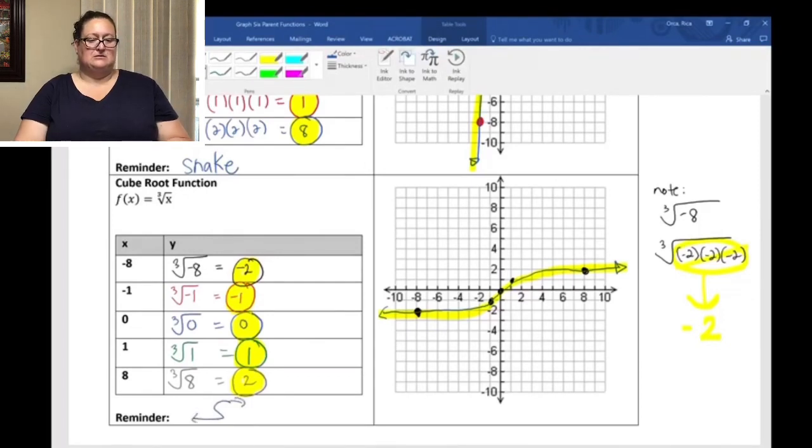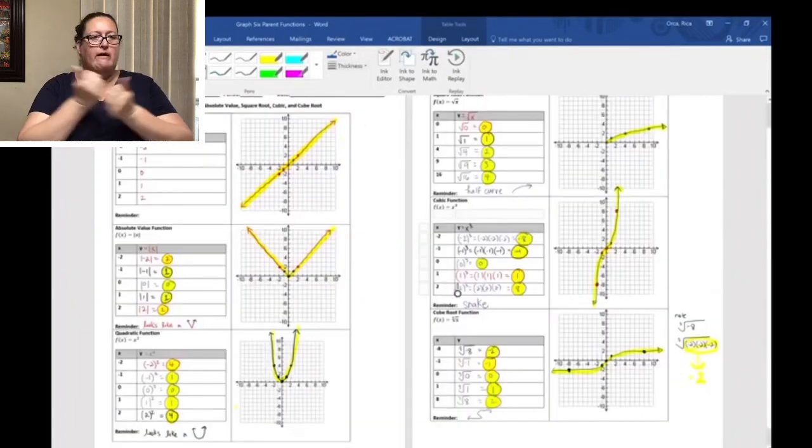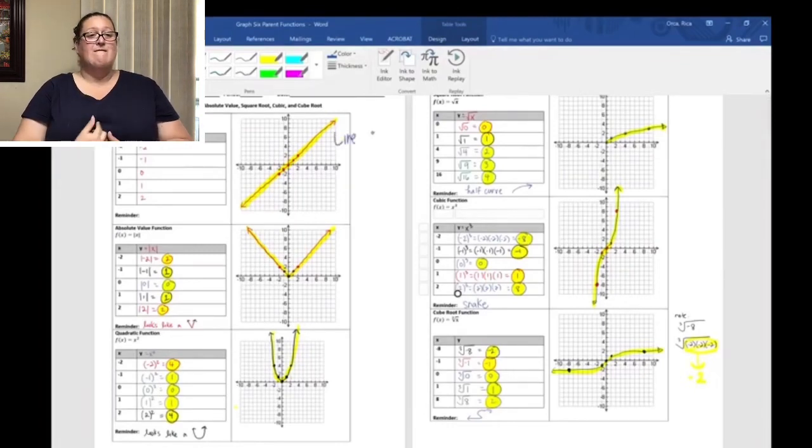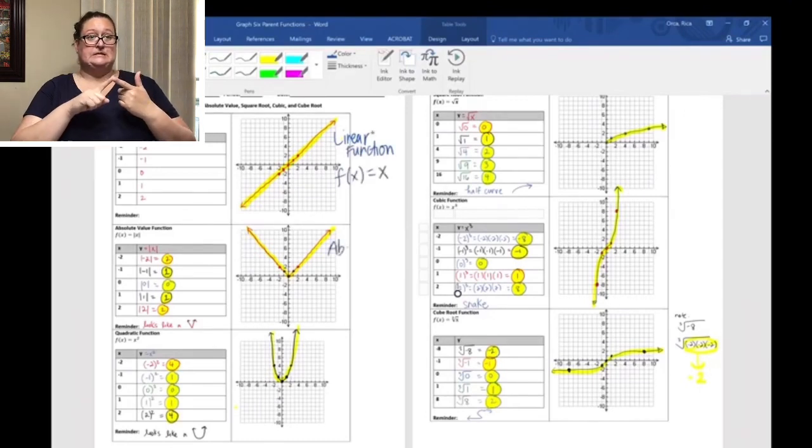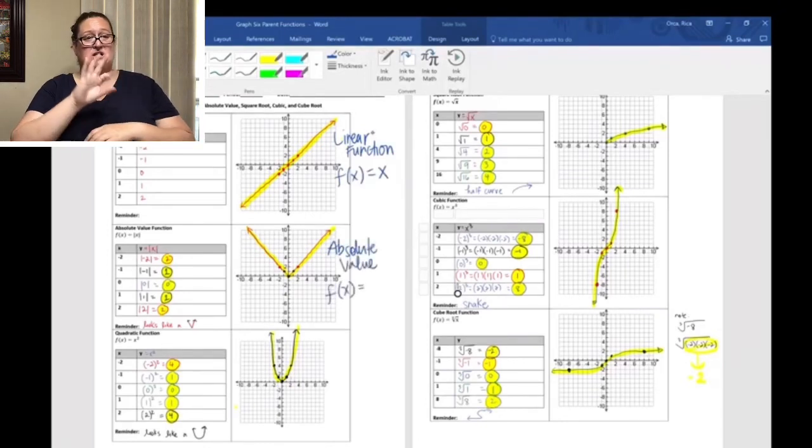So now let's review everything we learned. So class, these are the 6 parent functions that we've graphed. We have the linear function, which looks like a line. The linear function is f of x equals x. We have our absolute value function, which looks like a v, and the function is f of x equals the absolute value of x.